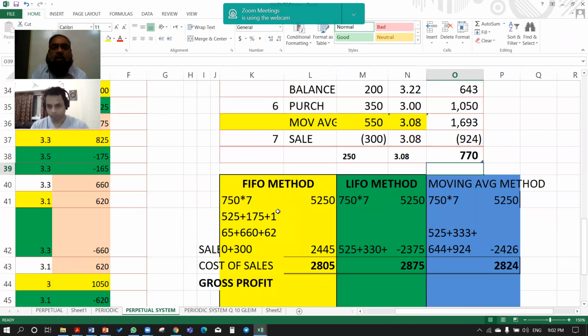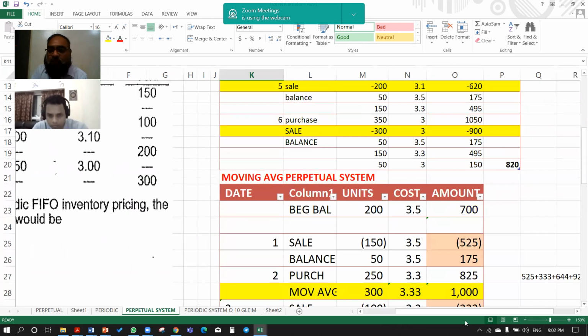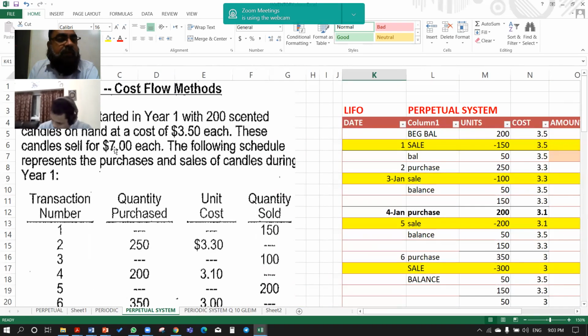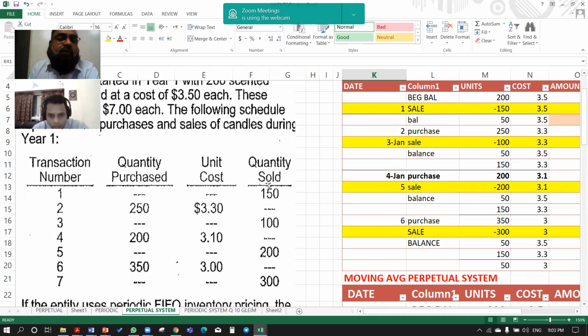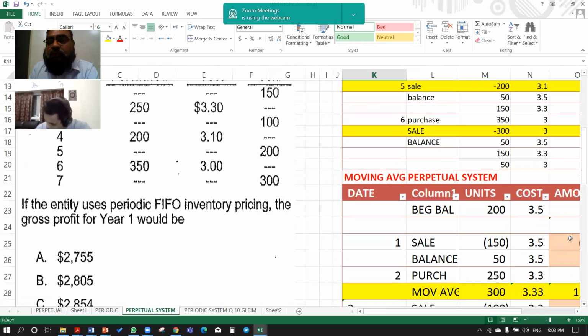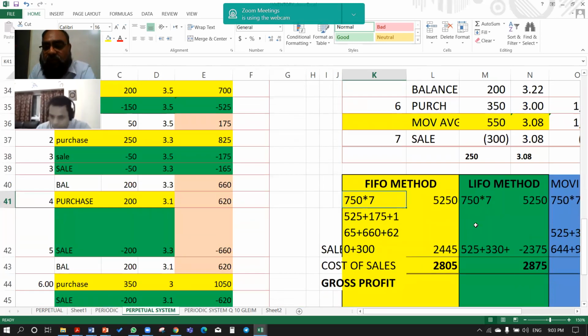If I record here now and I want to find out profit, we do know how many units we sold in total. Because the sales price is the same, 7, you straight away count how many units were sold, right? 150 plus 100 plus 250, 200 plus 300, and 150 more, 750 units sold.